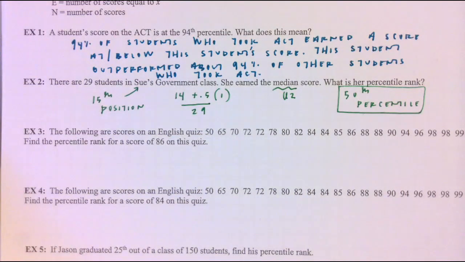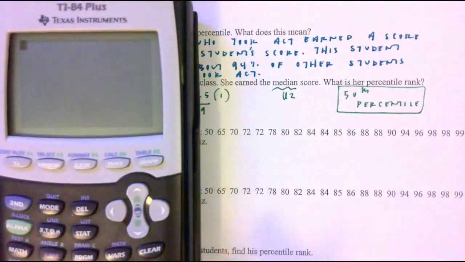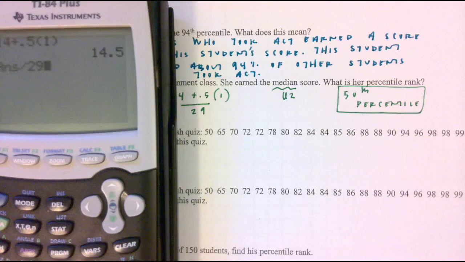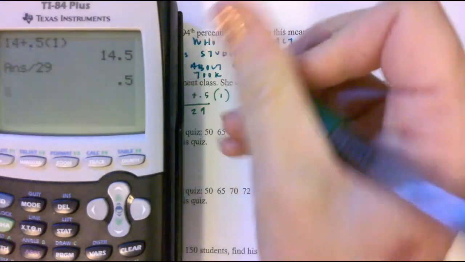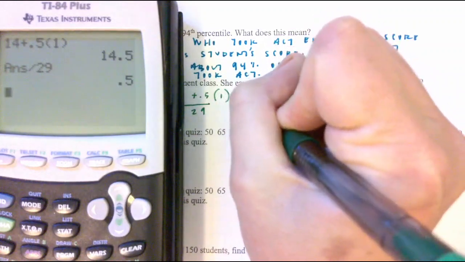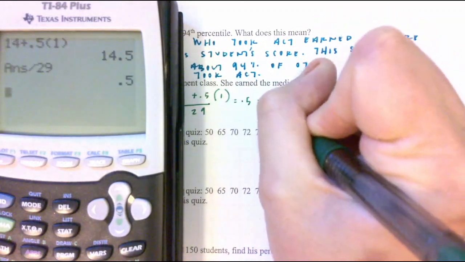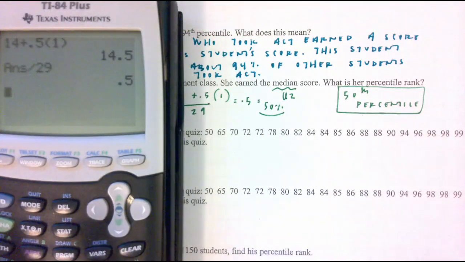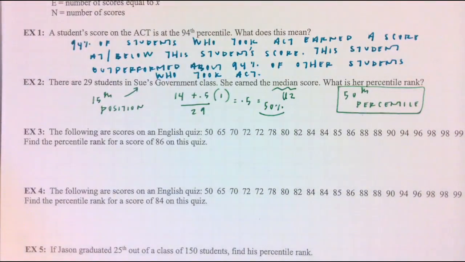So here I'm going to get 14.5. I'll just double check. 14 plus half of 1, there's my 14.5. Divide that by 29 students in the class. There's my 0.5. Multiply that by 100, and 0.5 gets me the 50th percentile, because that just makes 50%. So 50th percentile if we're calling something the median. I didn't even need to calculate it. I just wanted to double check.